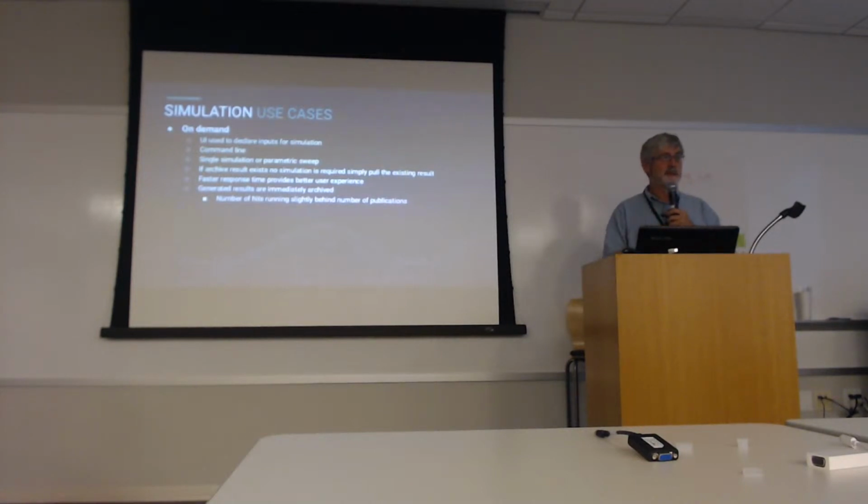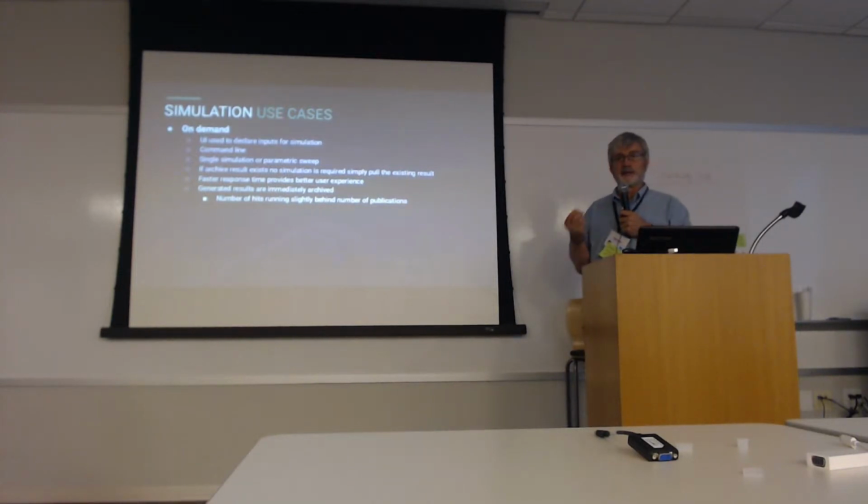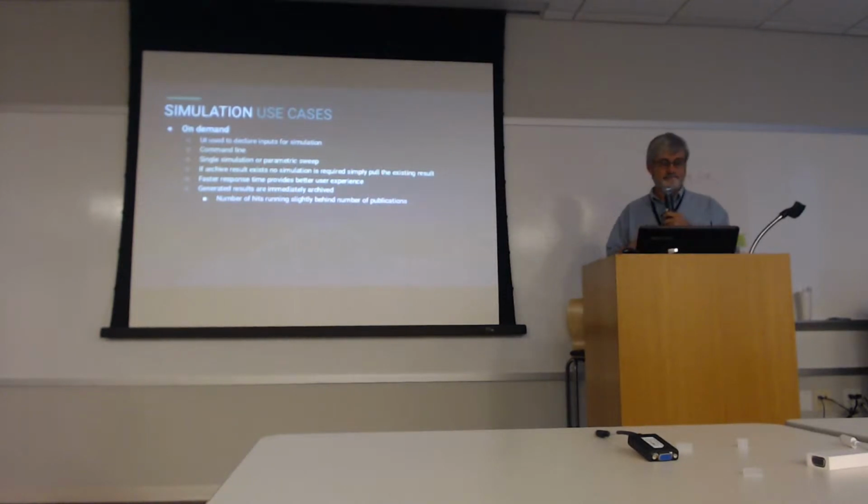Basically, it's when the user comes to the website, they log in, they look at the list of tools, they have a problem they want to solve, they select the tool, fill in the input, push a button, simulation is submitted. After some varying amount of time, the result will come back, either through the notebook interface or the Rapture interface. The results will be rendered in some graphics or text or whatever, depending on what the tool developer did.